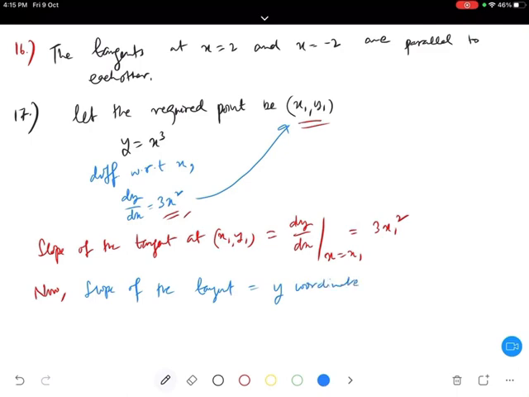And there is another equation, which is this curve, y is equal to x cube. There is a tangent at the point x1, y1, so this point lies on the curve, and since it lies on the curve, it will satisfy the equation of the curve.